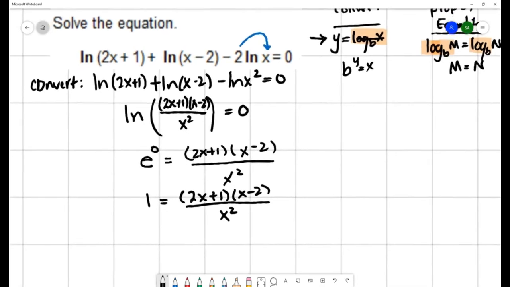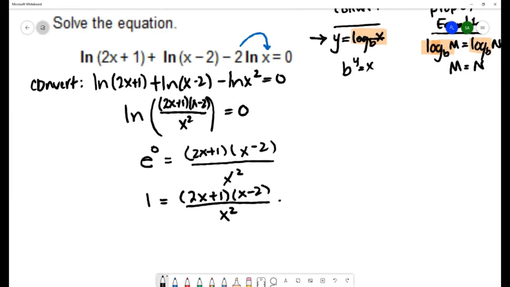I can clear the denominator by multiplying by x squared on both sides, and I get x squared. I'll go ahead and multiply out that numerator. That's 2x squared minus 4x plus x minus 2.